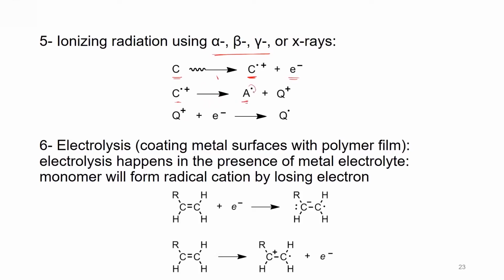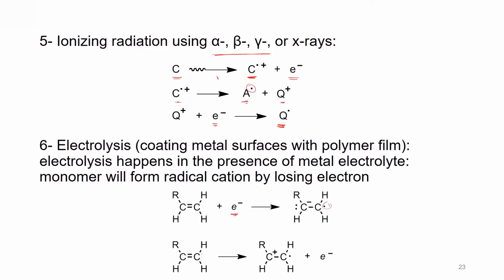One of them will be the radical, and the other one will carry the positive charge, and this positive charge usually goes back and recombines with the electron that was lost from the first step, and you will end up with only the radical.